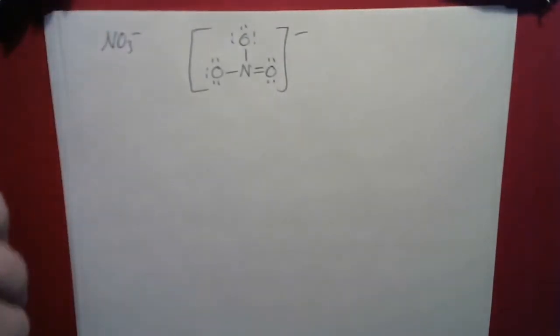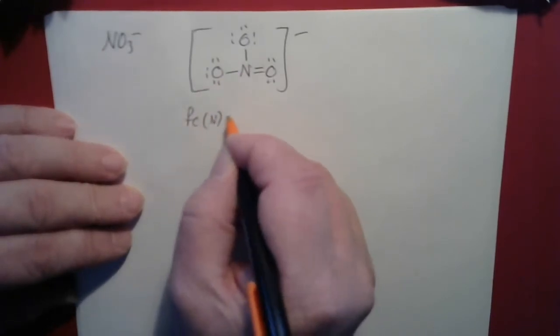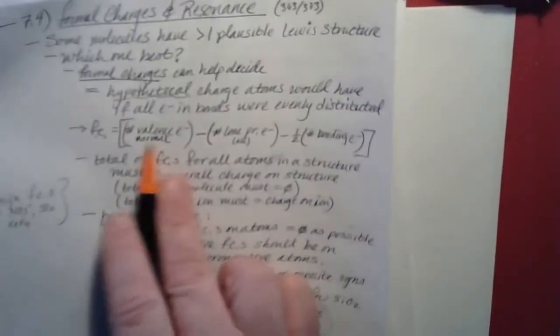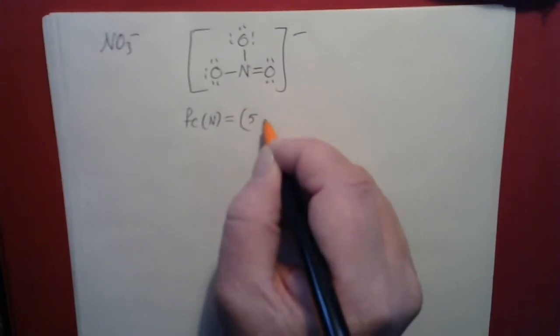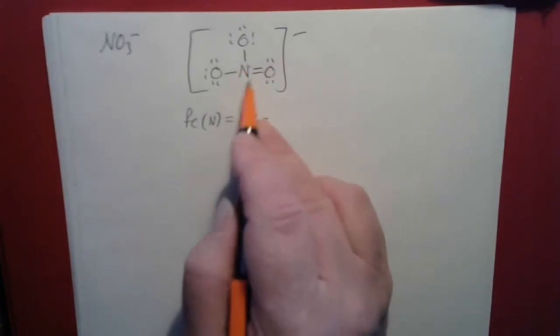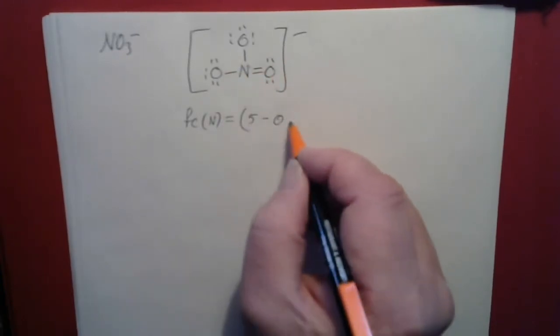Okay, and the formal charge, let's start with the nitrogen, would be the normal number of valence electrons for nitrogen, which is 5, minus all of the lone pair electrons on the nitrogen. Well, nitrogen doesn't have any lone pair electrons here, so that's minus 0.